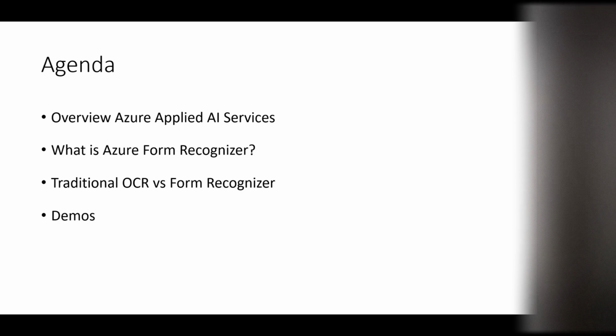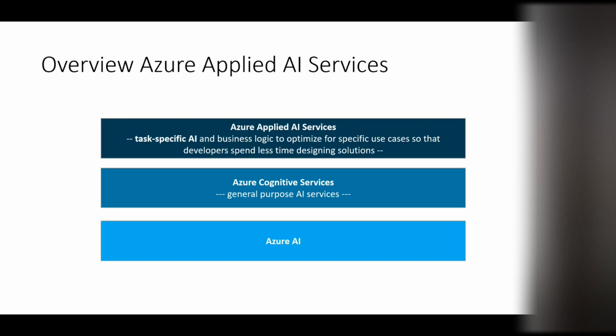If you have any questions, please feel free to come off mute. So Azure Applied AI Services. These are task-specific AI products. They are built on top of Azure Cognitive Services. Like last year, we had cognitive services, things like LUIS, and we previously demoed LUIS here on these sessions.